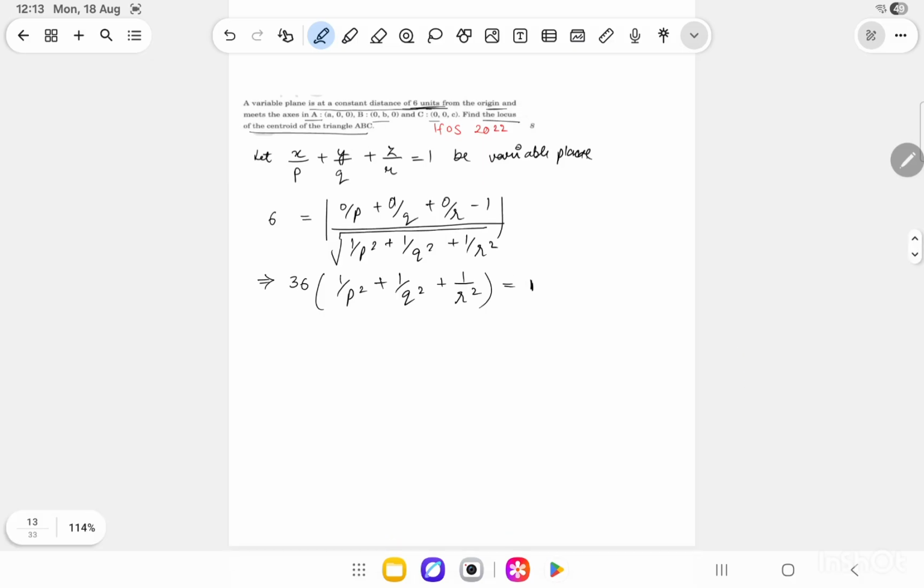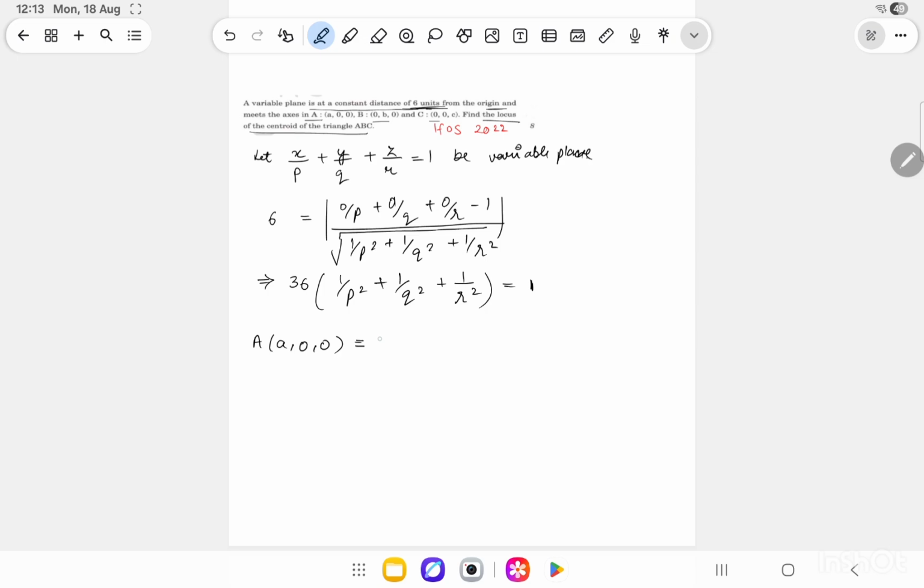Further it says that this equation of variable plane meets the x-axis at a, b, c. So a, small a, 0, b, which is also equal to... from here I can also calculate where my plane will cut the axes.